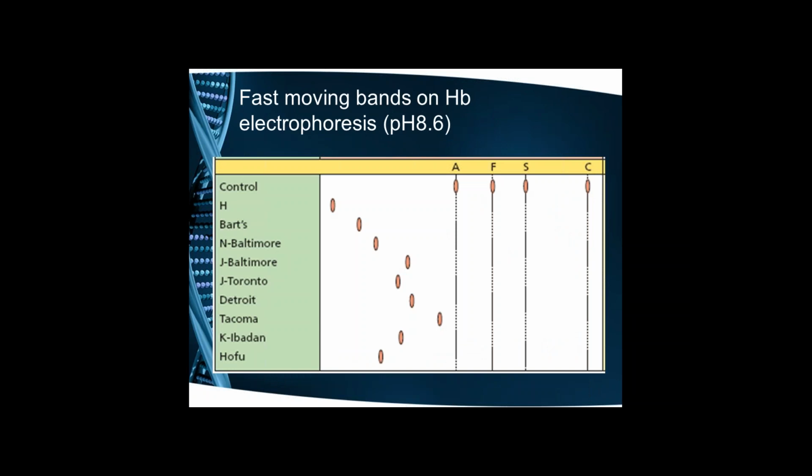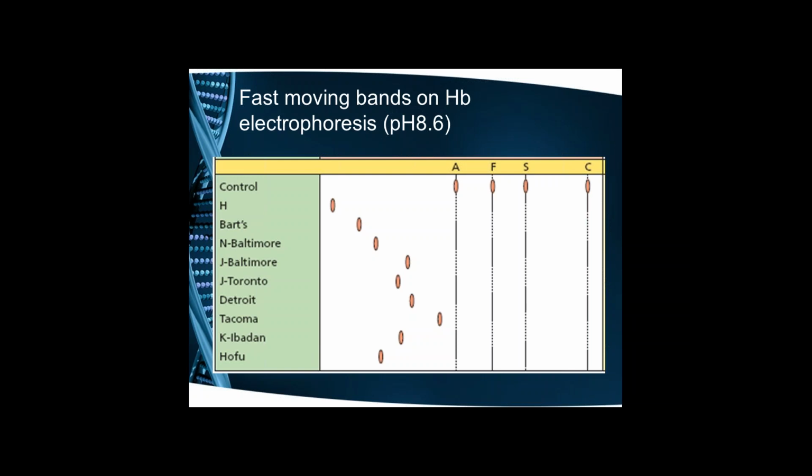Here we have combined two modalities. With the HPLC, we were not getting a complete picture, so we combined it with Hb electrophoresis. We have fallen back on the time-tested methods we were using earlier. This slide shows the various fast-moving hemoglobins, and here we suspected HbH.